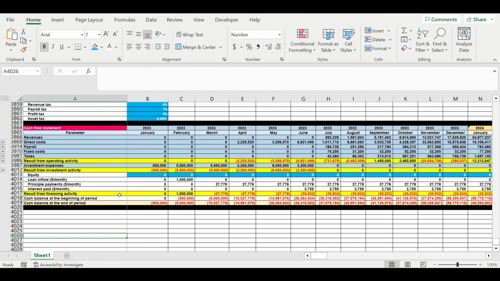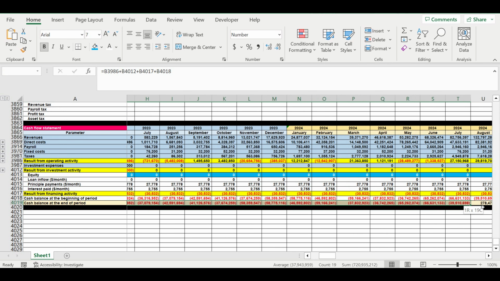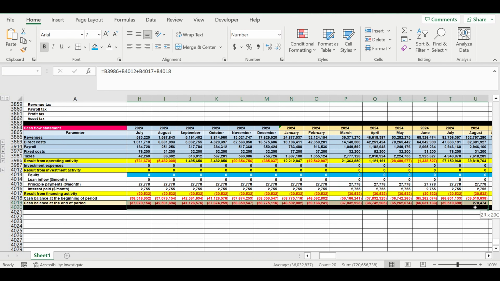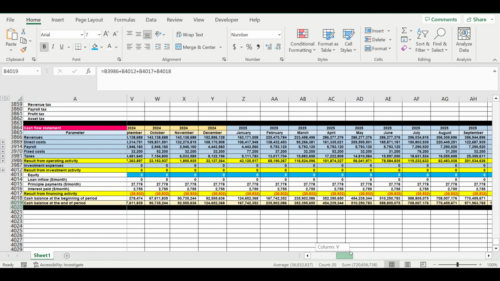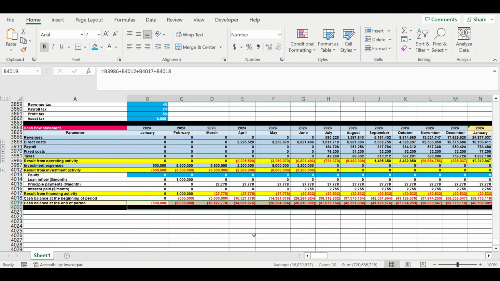When we look at the cash flow statement, we have a rule that the last line of the cash flow statement, cash balance at the end of the period, must always be 0 or positive. If we have negative values in cash balance at the end of the period, this means that we don't have enough money to start the business. So this means that we do have a cash gap, and that's bad.